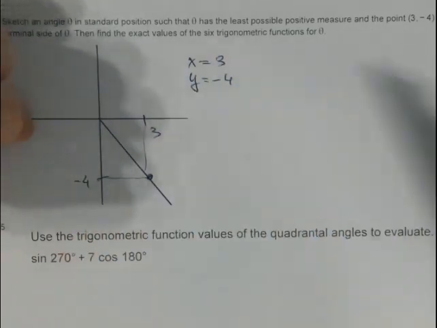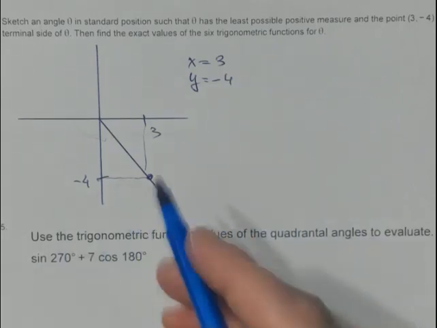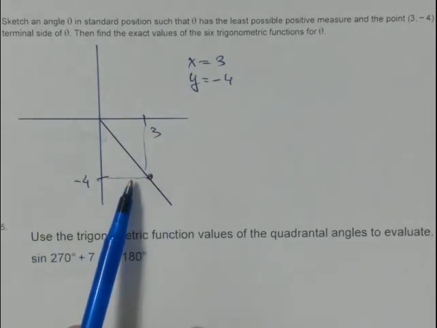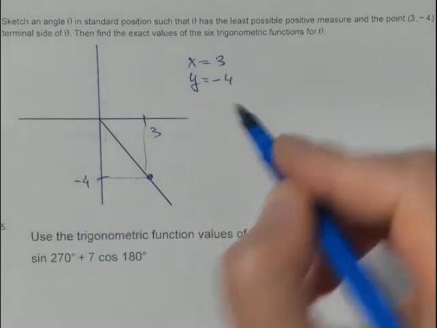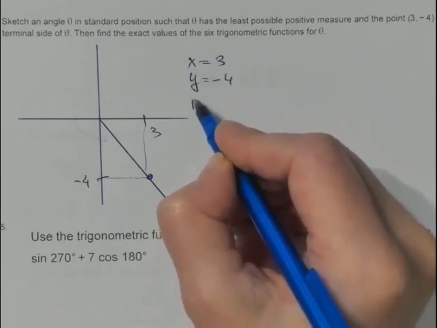There can be several angles, a positive angle or a negative angle. We are interested only in the terminal side and trigonometric functions. Trigonometric functions of all coterminal angles are the same. So for trigonometric functions, we need x, y, and r.